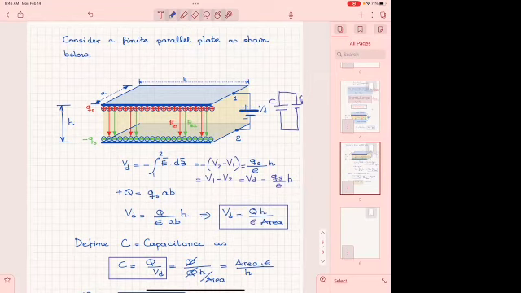All right. So practically, we replace all of this 3D structure with one circuit element, which we call the capacitor. Okay. Any questions about this so far?